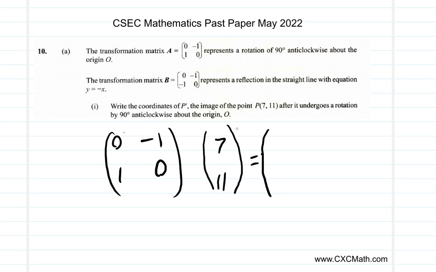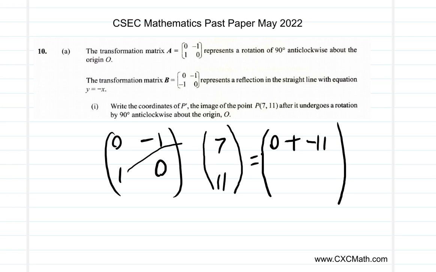It's row 1 by the column. 0 times 7 is 0, plus negative 1 by 11 will give you negative 11. That's it.